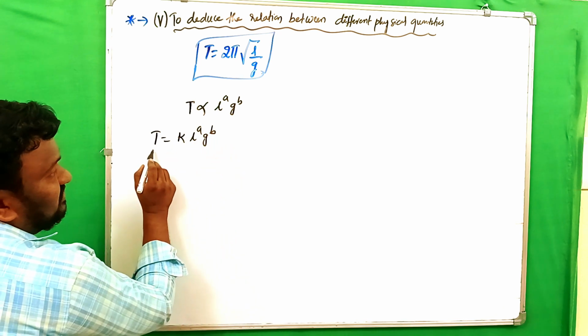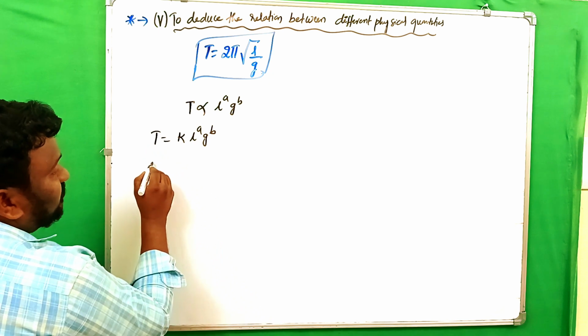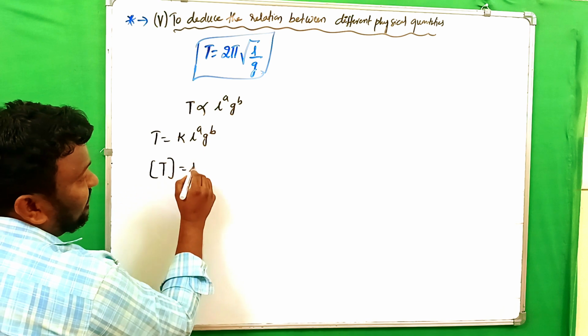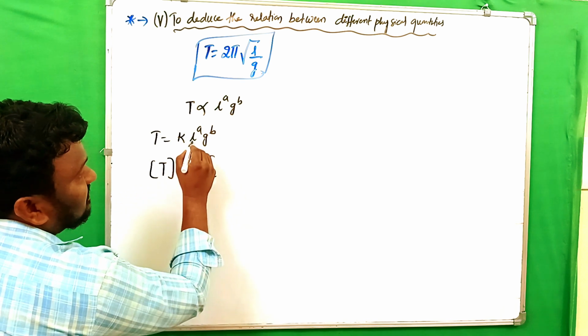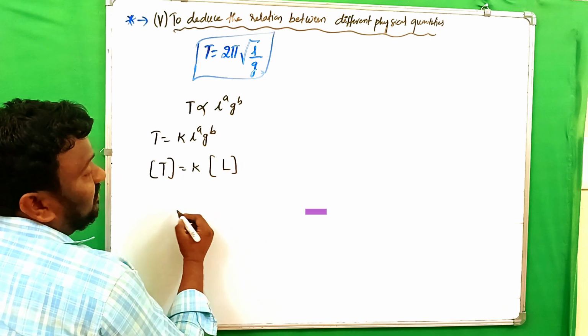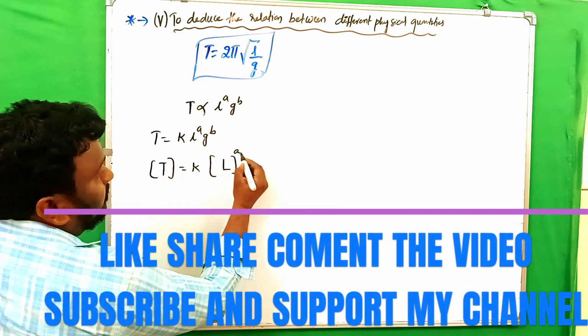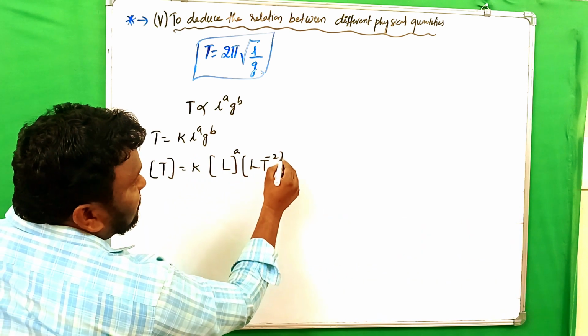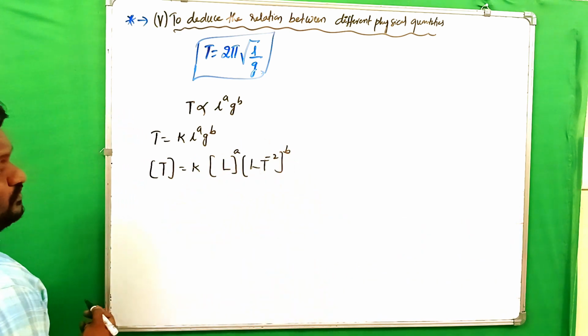And what is T here? Time. That's why its dimension formula is capital T. And for the constant there is no dimension formula. And what is L? Length. That's why here we take L to the power of a. And g is what? Acceleration due to gravity, L T to the power of minus 2, all to the power of b.